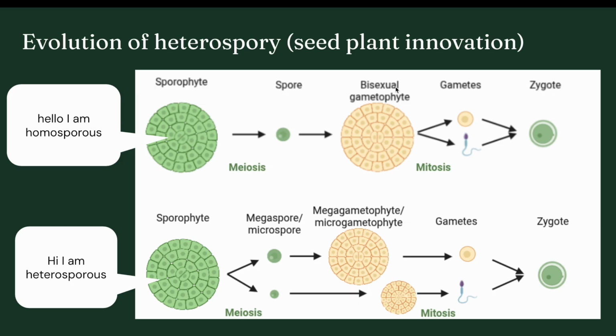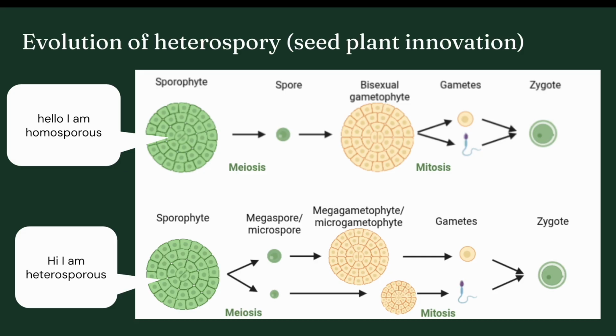So heterospory is this innovation as we start moving towards seed plants. Heterospory is essentially where the sporophyte produces two distinct types of spores, the megaspore and the microspore. You can also just think of mega as meaning female, towards the egg cell lineage, and microspore as male, towards the pollen or sperm cell lineage.